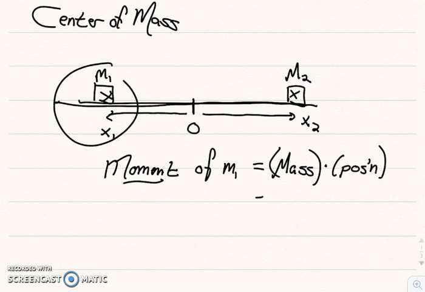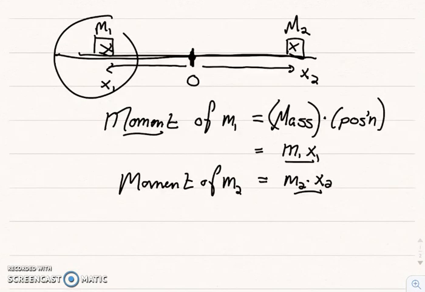And by position, I mean the x-coordinate with respect to the origin. So the mass here is m1, and the position is x1. So that's the moment of mass m1. And similarly, the moment of mass m2 is found in exactly the same way. You multiply the mass m2 times its position to get m2 x2.